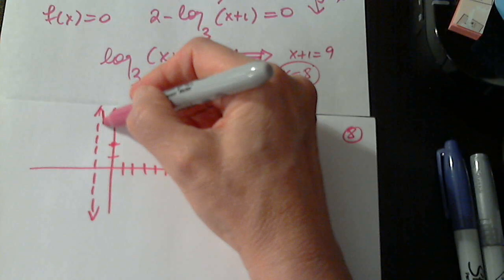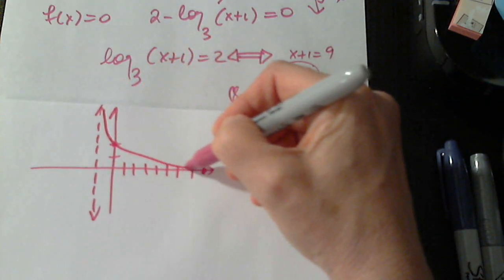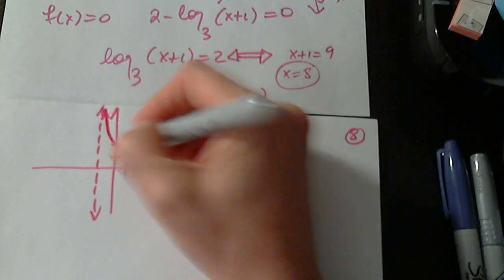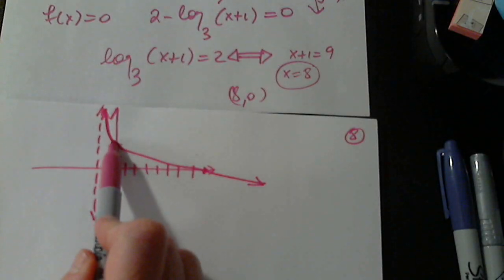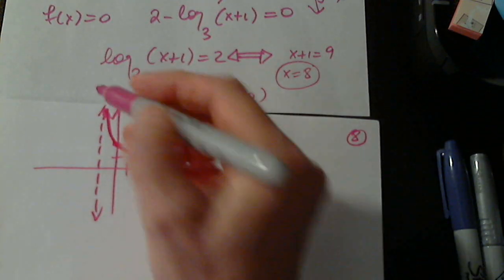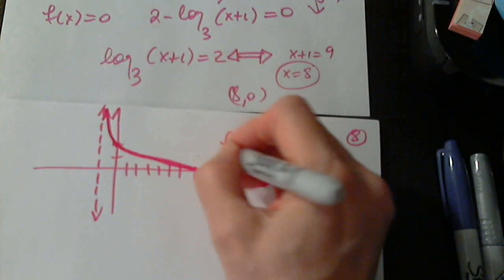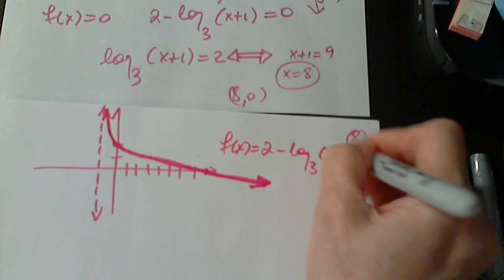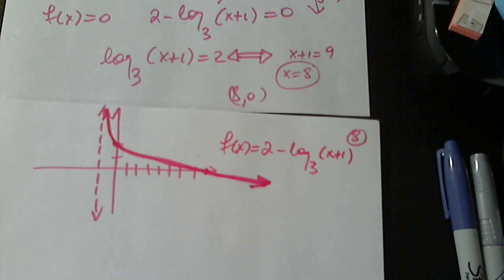Here's the graph. This is not a straight line. It's just that I have to stretch it a little bit to get there. It's not a straight line. So this is f of x, 2 minus log base 3 of x plus 1. Any questions?